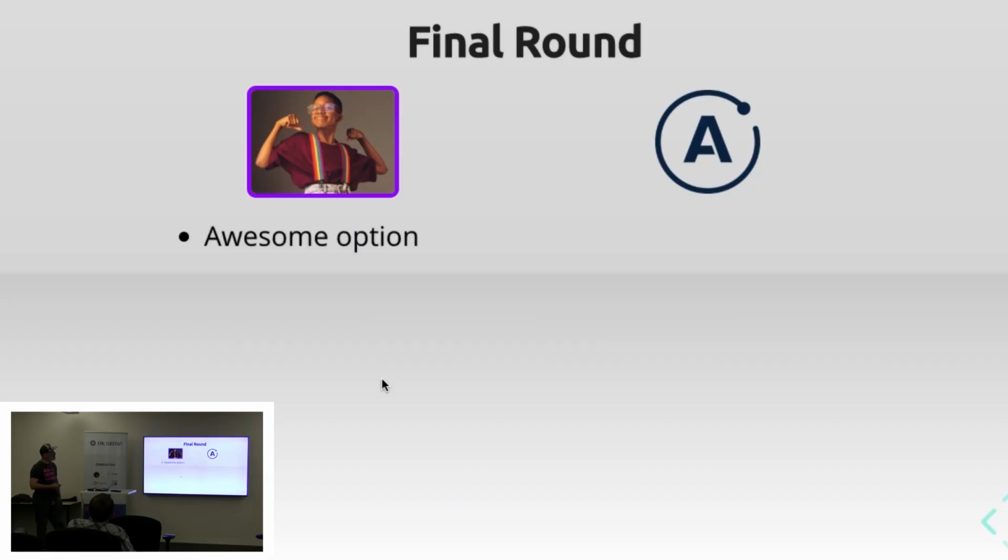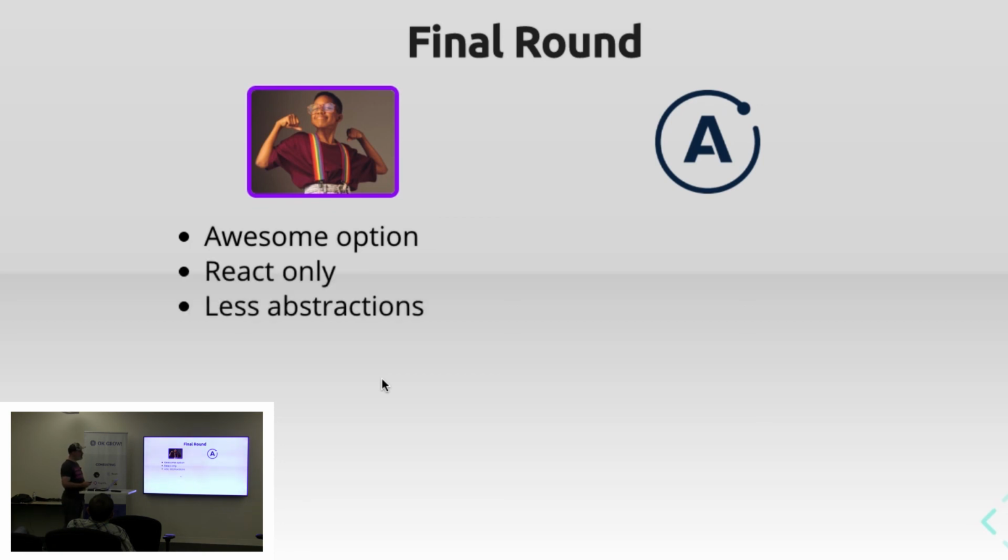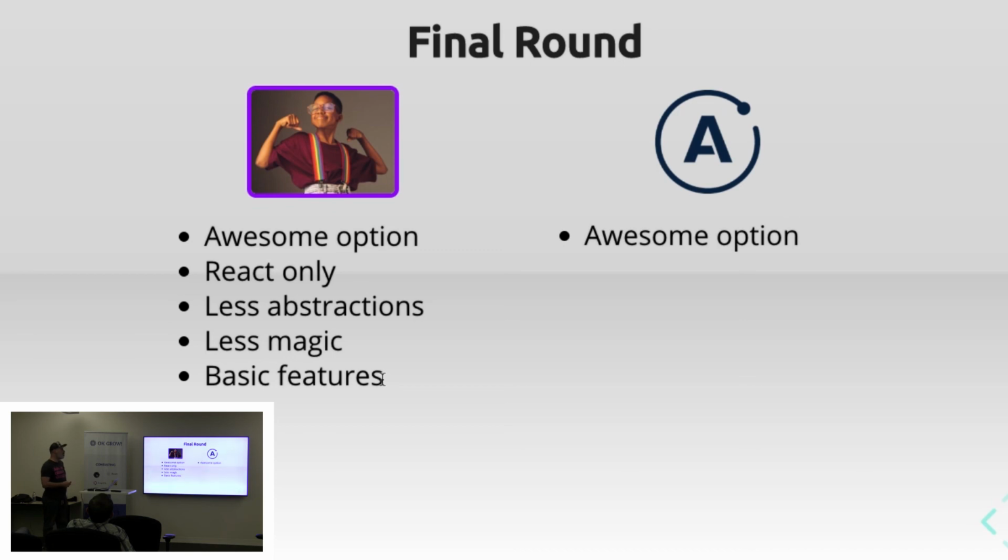So let's see the final round. This will be like an overview. I think Urql is a nice option only for React. There are fewer abstractions, less code, less magic, fewer things. I mean, of course, it's basic features, but if you want to use queries and mutations, it's enough. Apollo is a more complete solution.